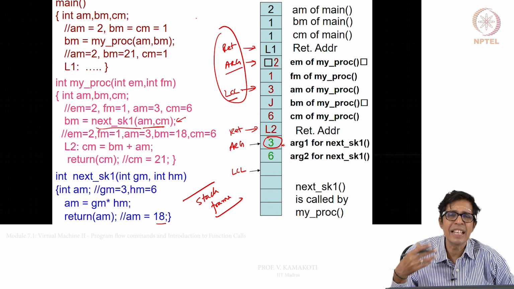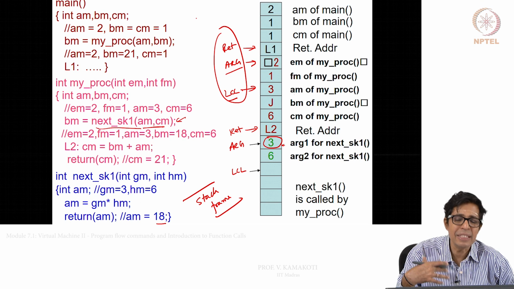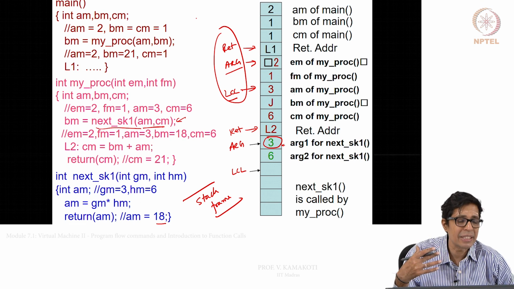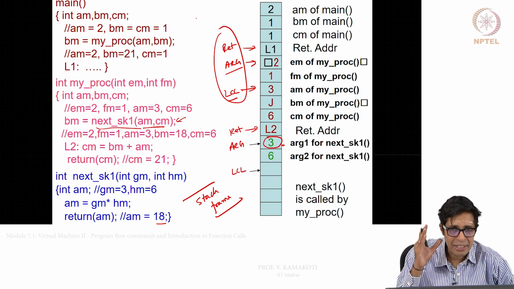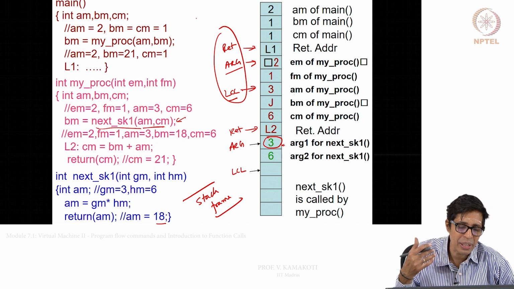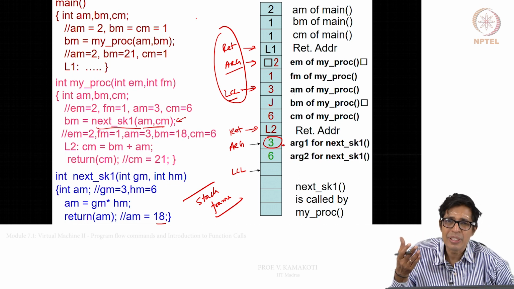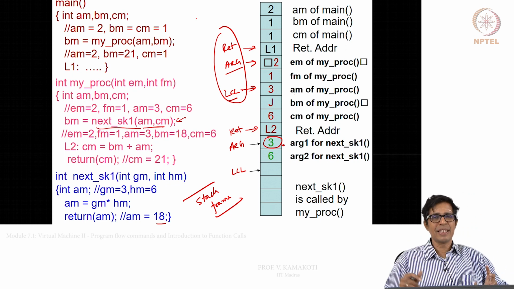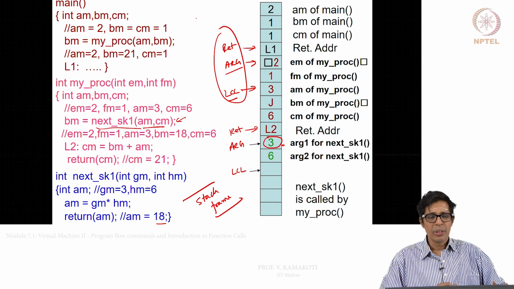When I am executing main, the ARG and LCL of main should be there. When I am executing myproc, the ARG and LCL of myproc should be in RAM 1 and RAM 2. When I am executing nestsk1, the ARG and LCL of nestsk1. So when I go back from nestsk1 to myproc, my original values of ARG and LCL should be retrieved, right.